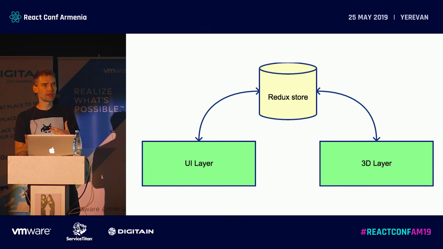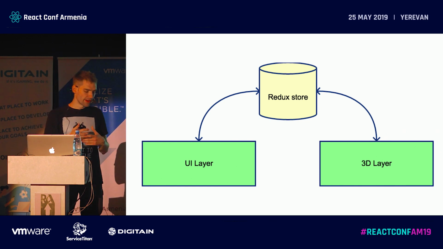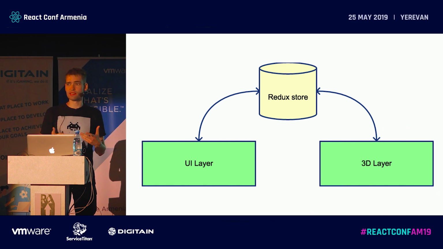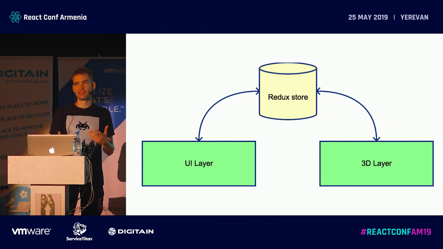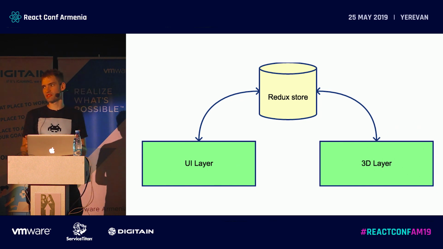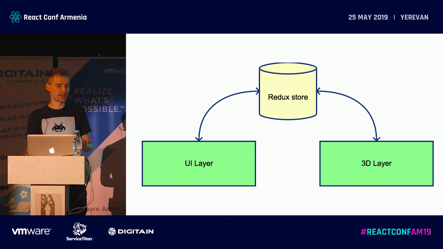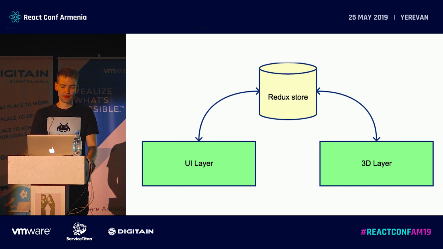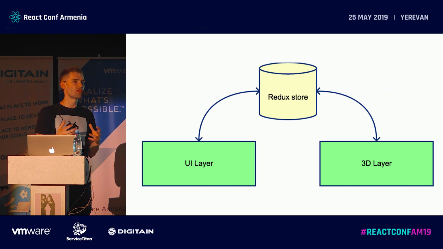And if you start doing React or Redux updates 60 frames per second, it just doesn't work because of performance considerations. 60 updates per second on the React tree is a bit too much. So we took the 3D layer out of the React declarative tree.